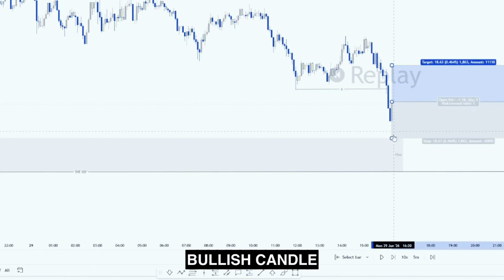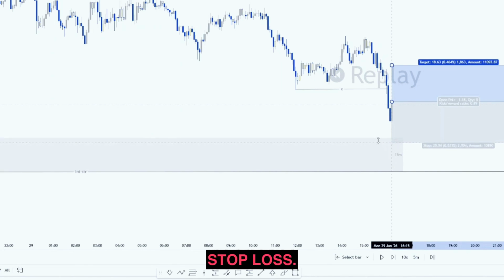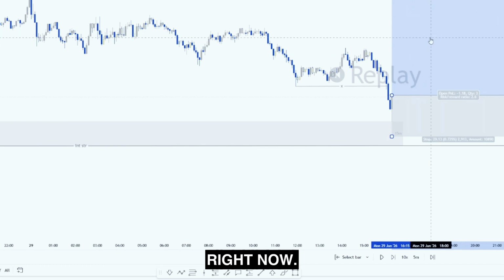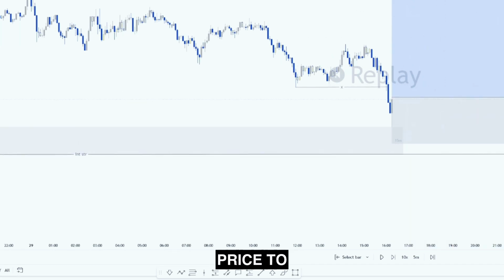Then I set my stop loss to the candle, and I give it 4 pips stop loss. So this is my stop loss, then I target, let's say, 2.5 or 2.6. This is my target. Right now I wait for price to move in peacefully. So I go in and it's looking great, then I'm in the trade.